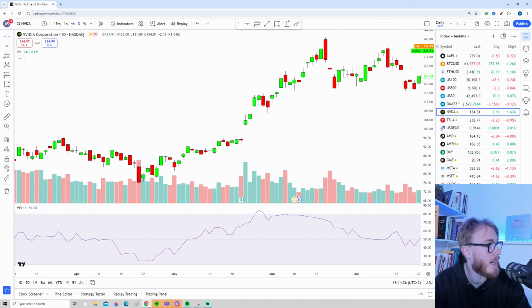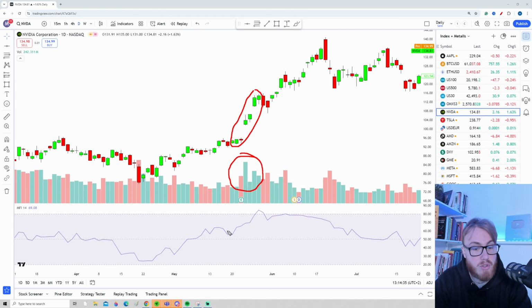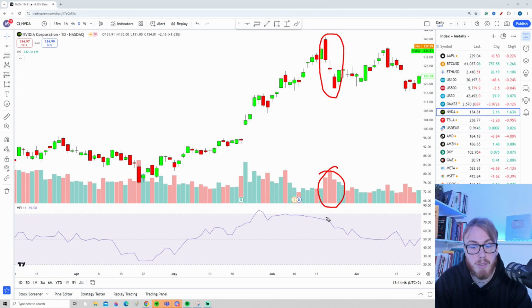So when we see an upwards price movement, like for example right here, and if we also see lots of volume, this will lead to stronger upwards movements on the price. And once again here, you can see we had a downwards movement and we also had lots of volume. This will lead to sharper decreases on the money flow index.